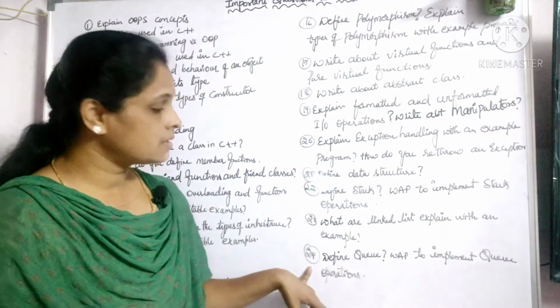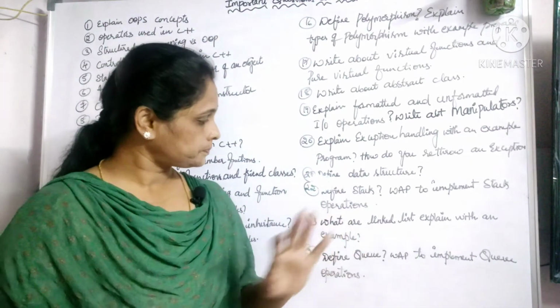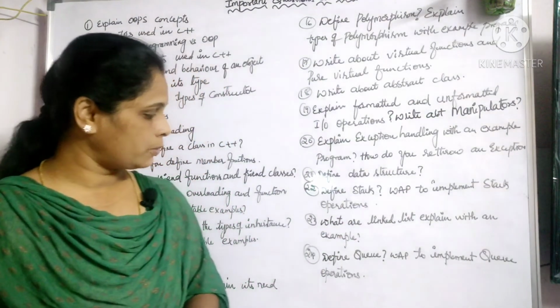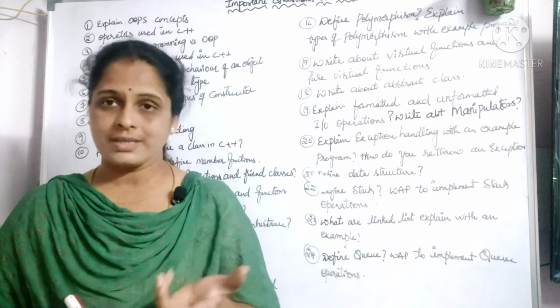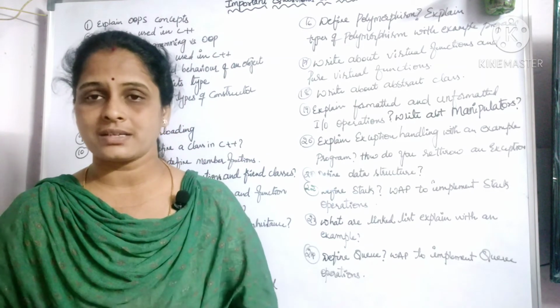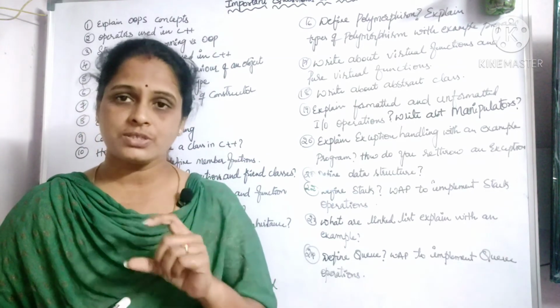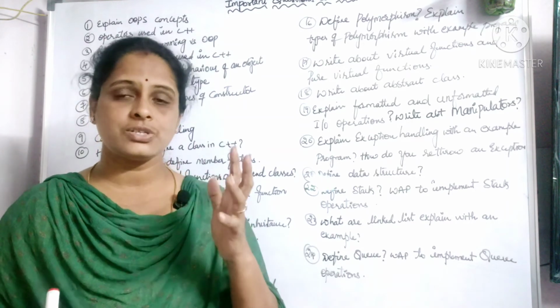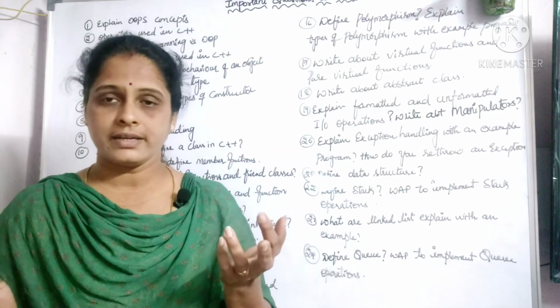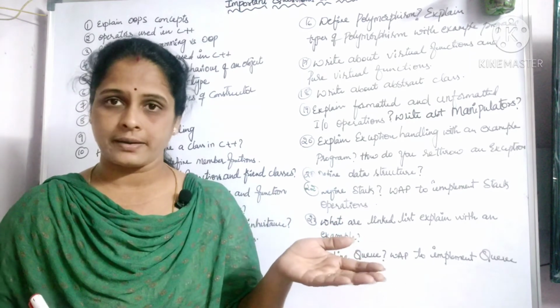Coming to the next one: define queue, and write a program to implement the operations of a queue, right? So what is a queue? A queue is again a data structure where insertions and deletions are done from different ends. Insertions are done from the rear end and deletions are done from the front end, right?